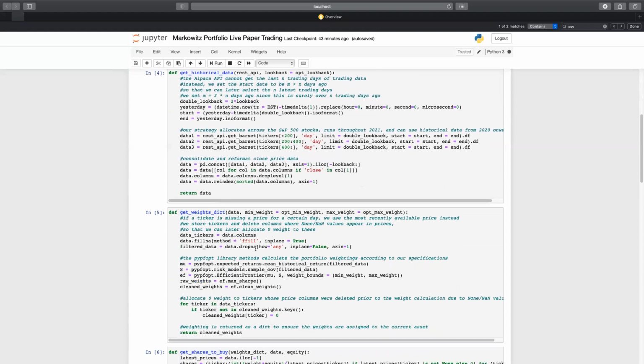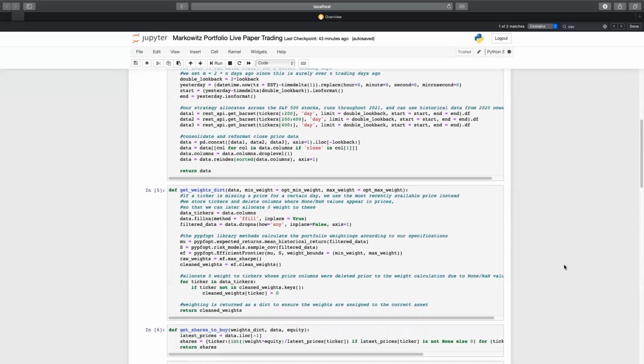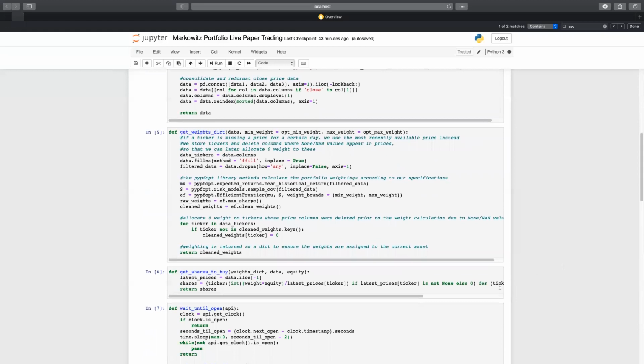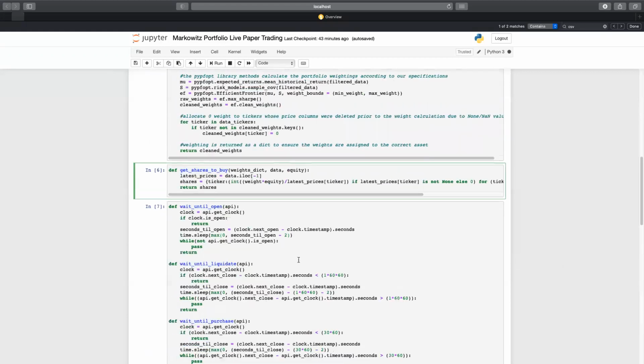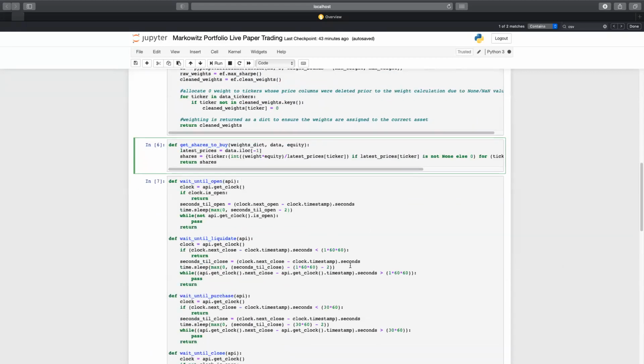I have another function to use this historical data to calculate what portfolio weights I should be using today. And then I have another function to determine how many shares of each asset I should be investing. And then I have some helper functions here just to wait till the appropriate times of the day to place our different actions when we run our strategy.